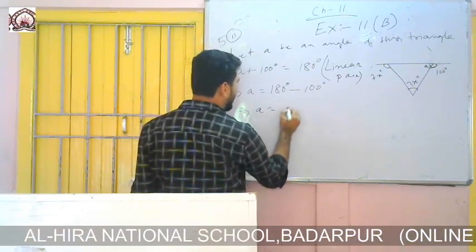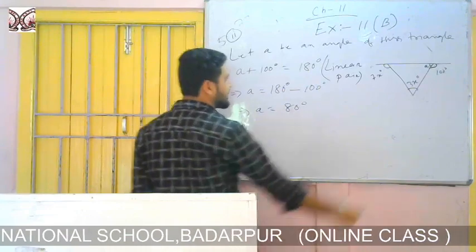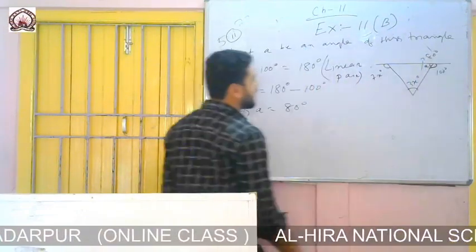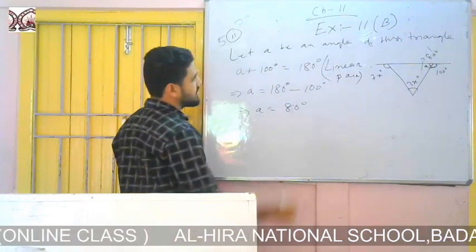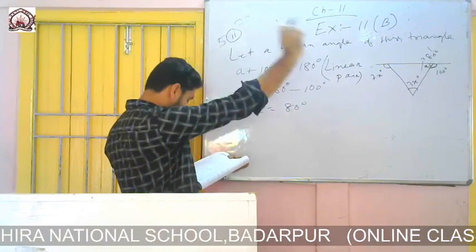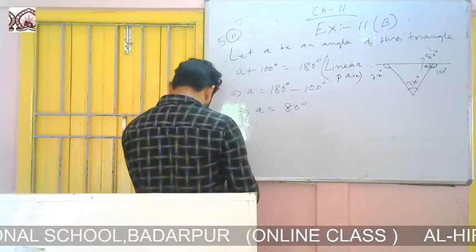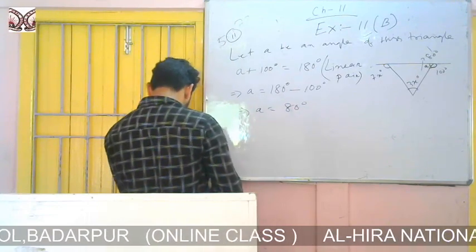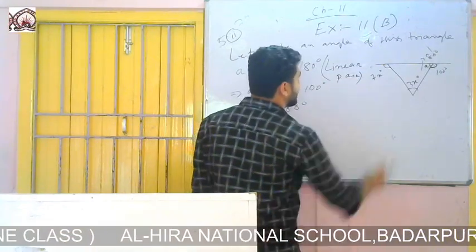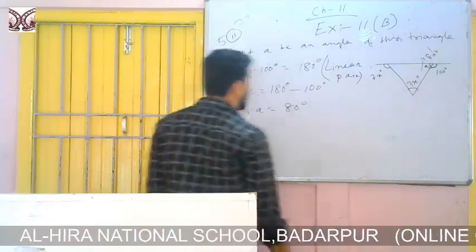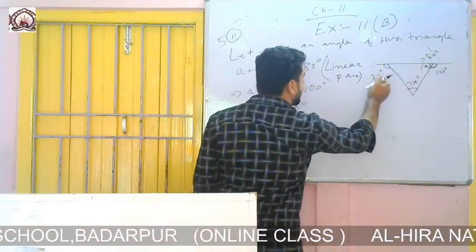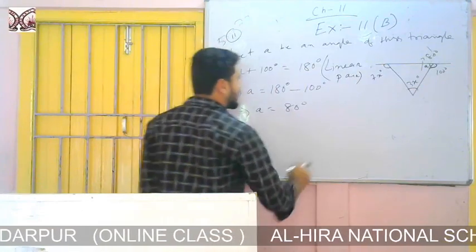Then A will be 80 degrees. That means this angle will be 80 degrees. Now if we add these two angles, then we will get 7x.